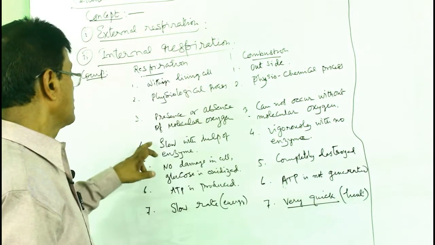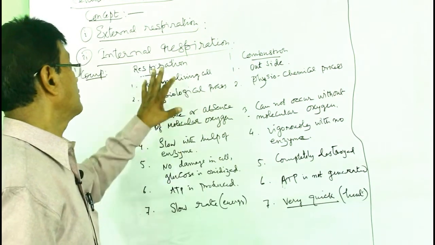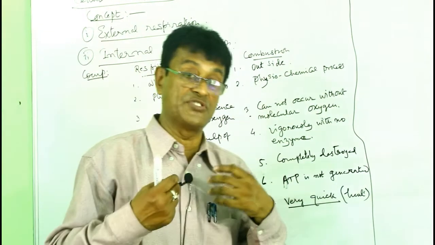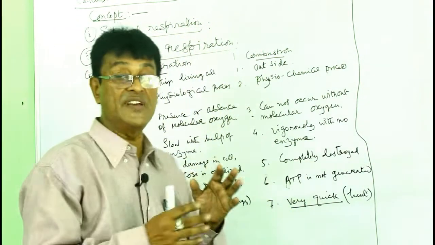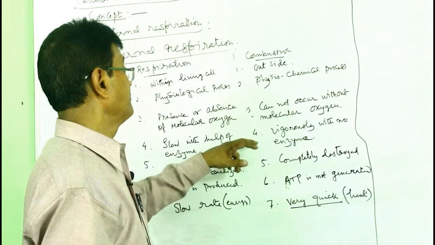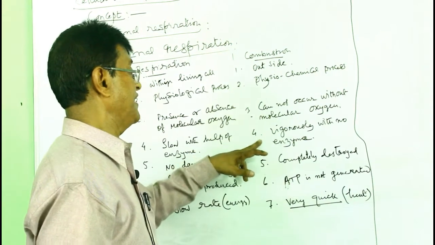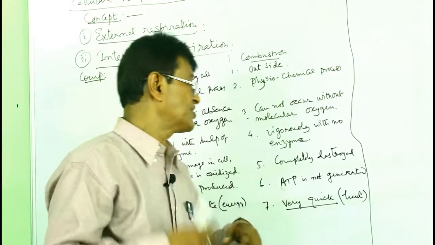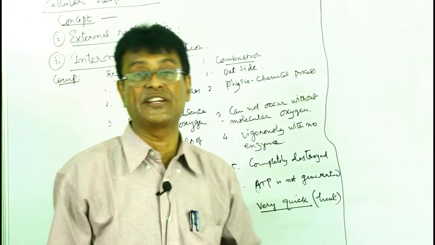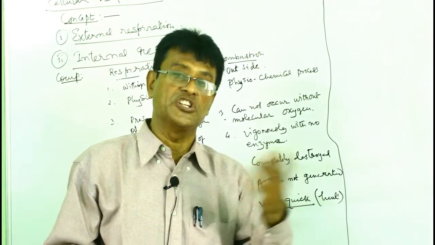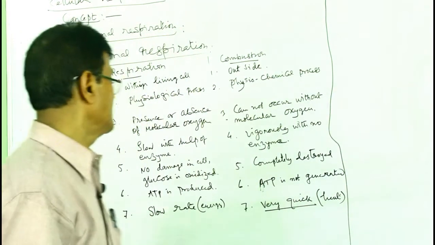Number four, slow, with the help of enzymes. When respiration occurs, some enzymes help in the body, and it goes very, very slowly. While combustion is very vigorous and fast, with no enzymes acting on it. No enzymes are required. Its burning is very fast and vigorous.